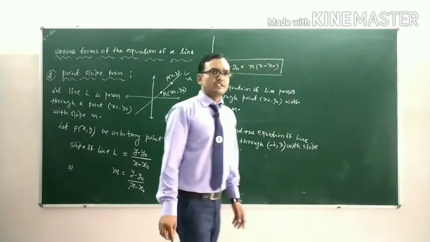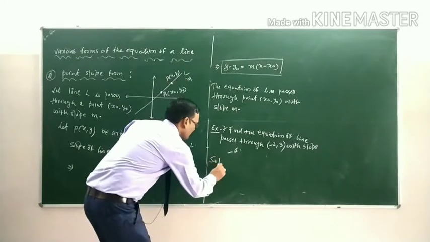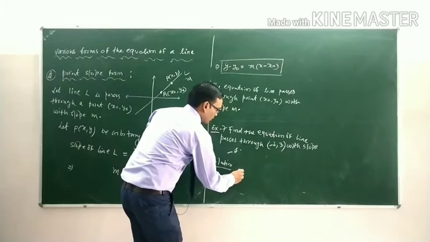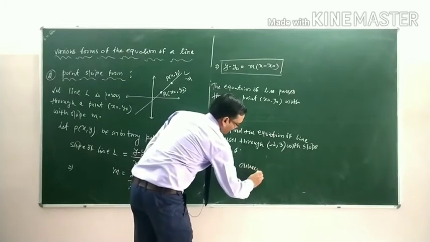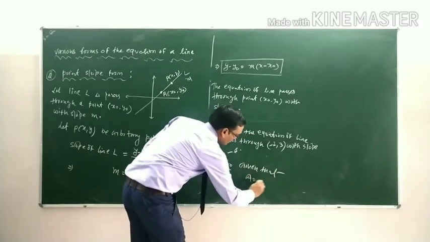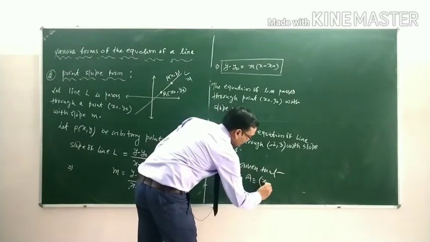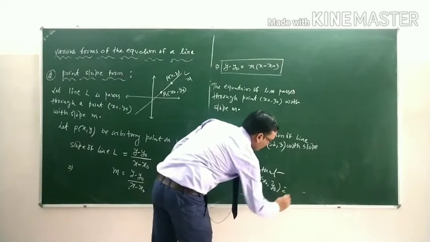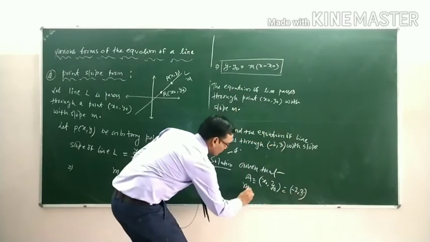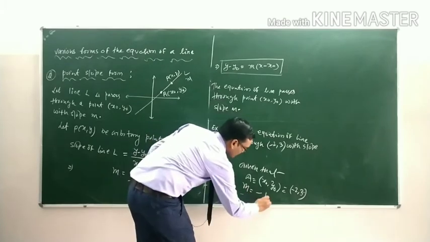Here given that the line passes through x0, y0 equal to minus 2, 3 and m equal to minus 4.